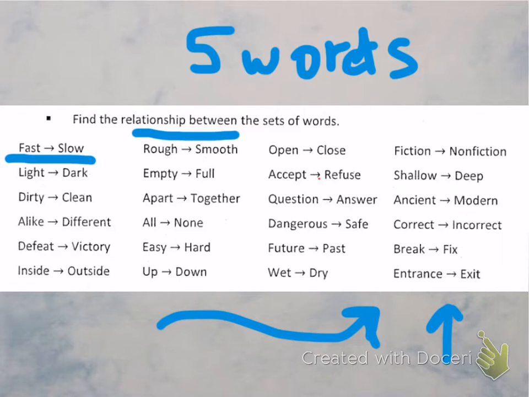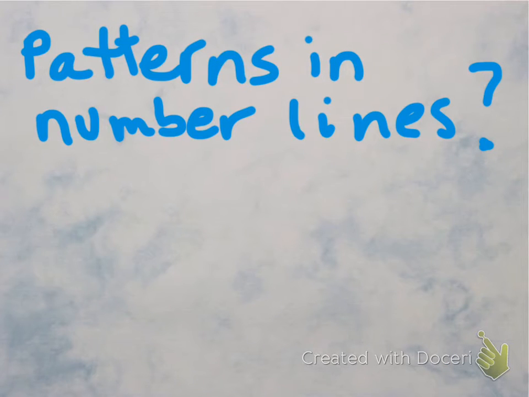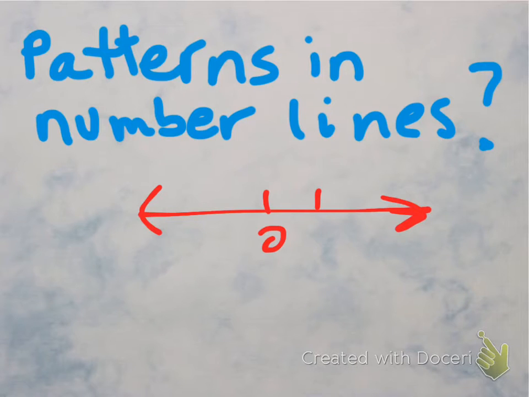Okay. So what we're going to do next is review patterns in number lines. What kind of things have you noticed in number lines? Any patterns? I'm just going to go basic number line here. I want you to think about patterns that you have found.